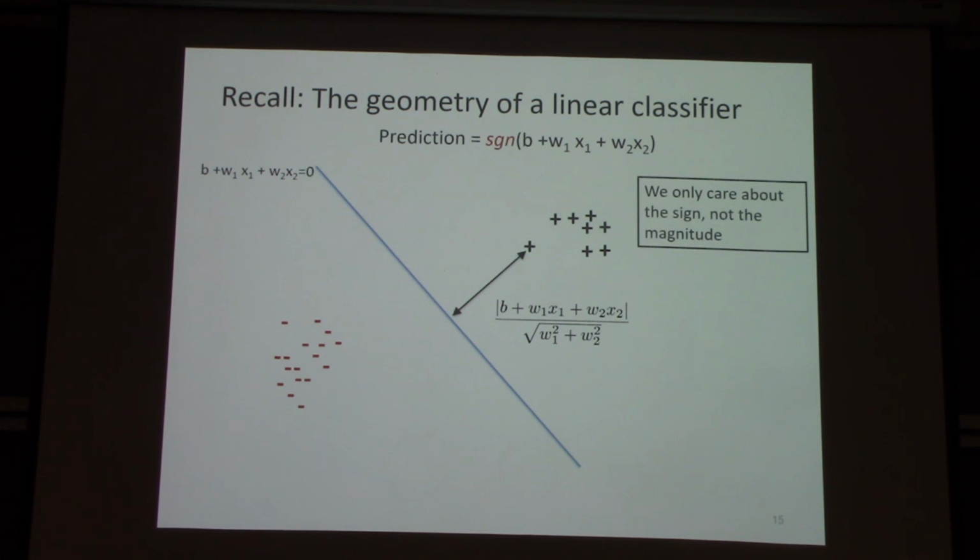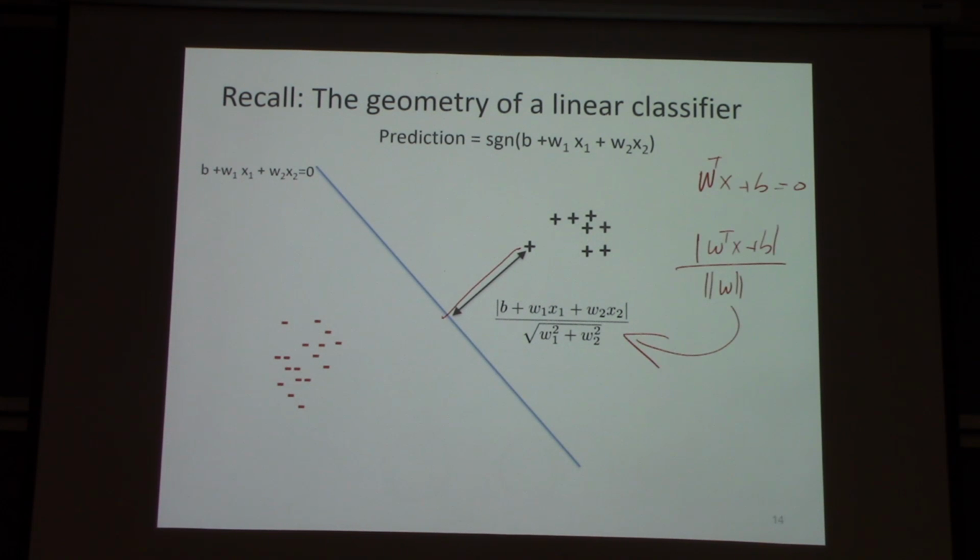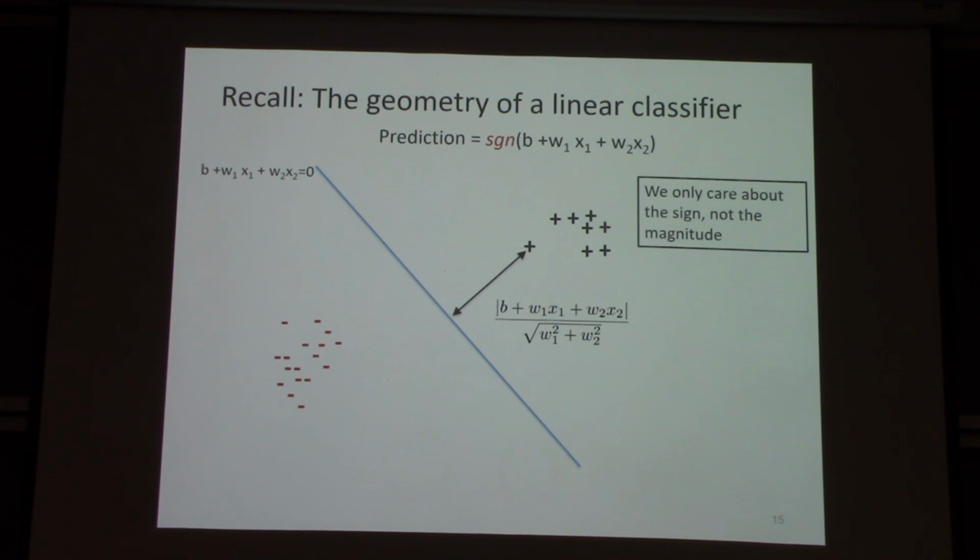But we have a little bit of freedom here. We don't really care about the actual distance, we only care about the sign. We only care about the sign of W transpose X plus B, not about the actual value of W transpose X plus B. What does that mean? It means that as far as the classification is concerned, all these three are going to produce the same result.